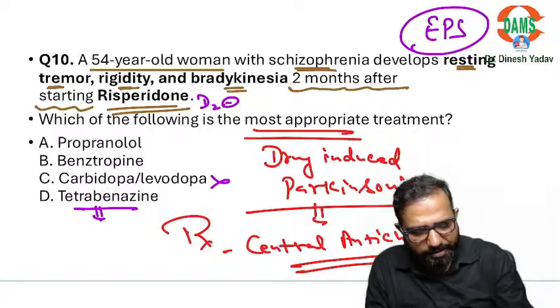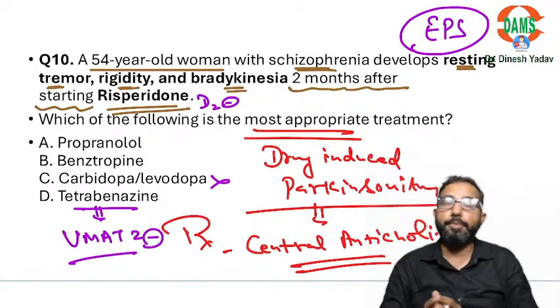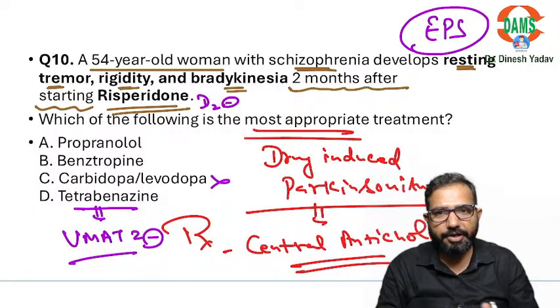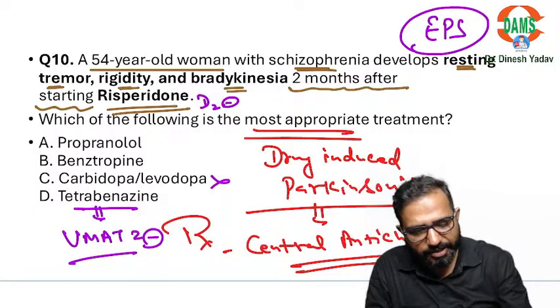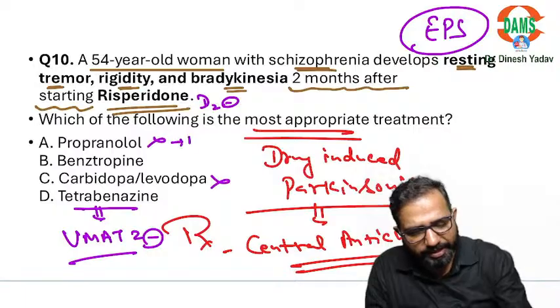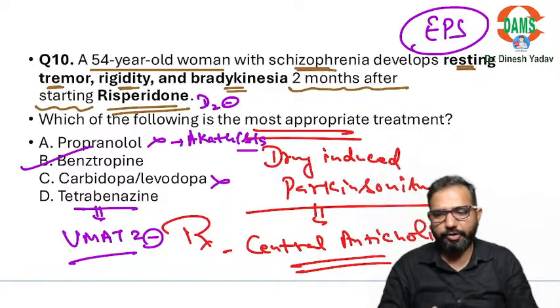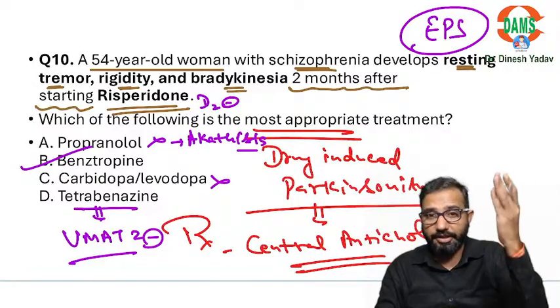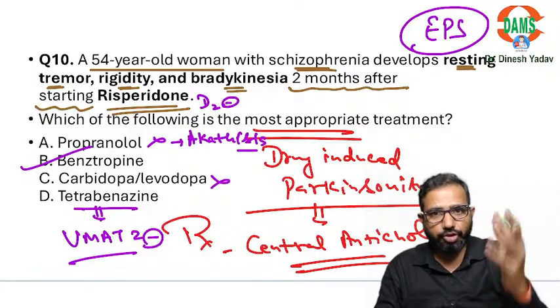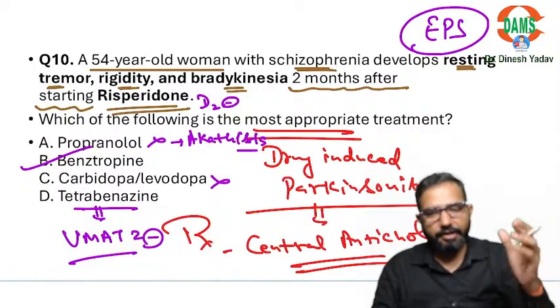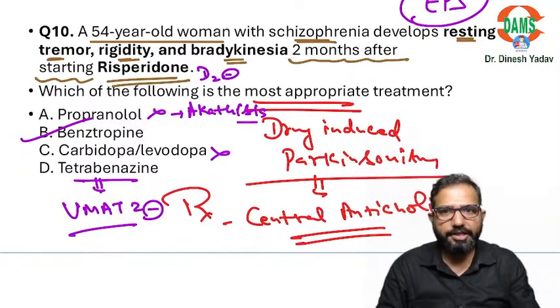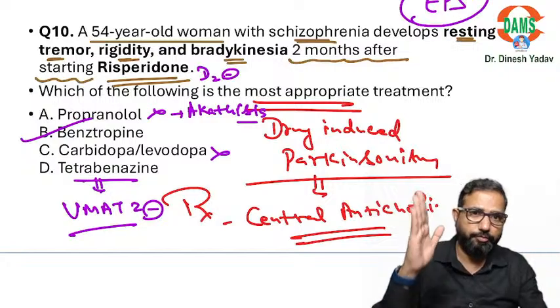Tetrabenazine is a VMAT2 inhibitor, a dopamine depleter, not for this purpose. Propranolol is used in akathisia, but benzatropine is a central anticholinergic. Benzatropine, benzhexol, trihexyphenidyl are the same group and are used for drug-induced Parkinsonism. Don't forget it.